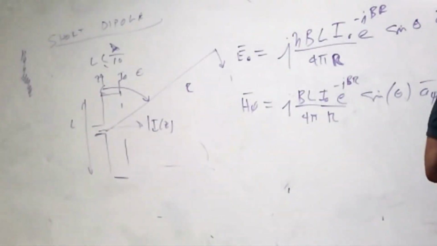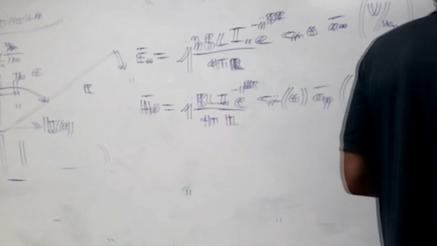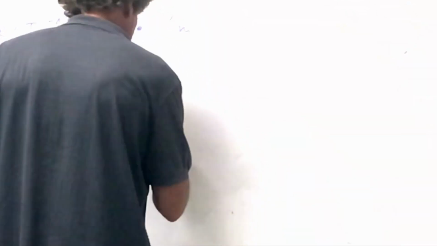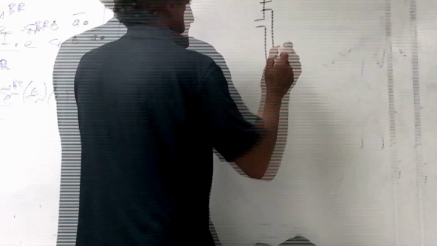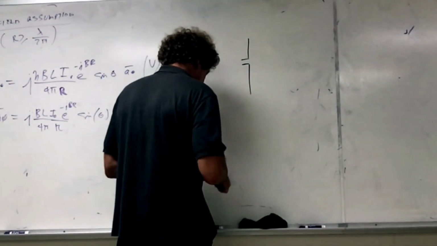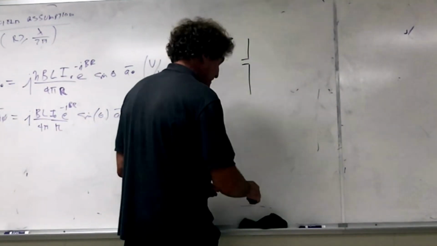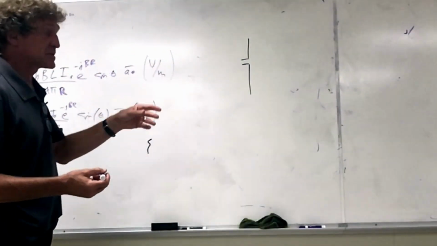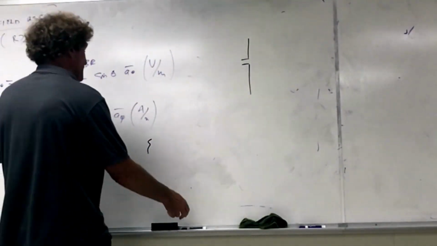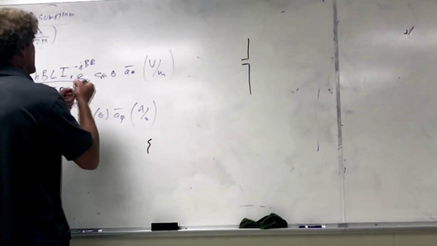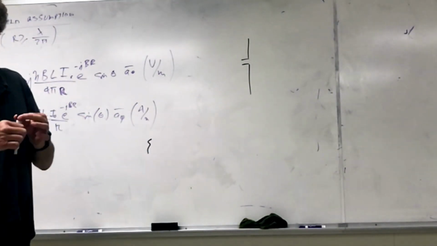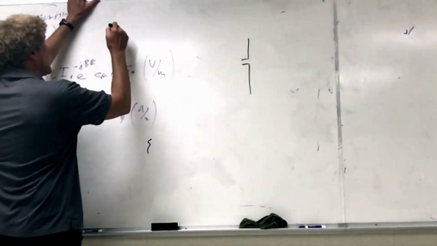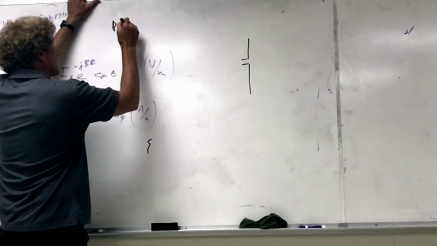If you looked at, this is a very light marker, by the way. This may not be the best thing for me to do, but I'm going to. If you looked at a short dipole as such, and you wanted the radiation characteristics, now the power density on this is going to be, I'll put it up there. Remember, how would we get P-av if it's a propagating wave? Anyone. I mean, you can do it in subtle ways. What would P-av be?